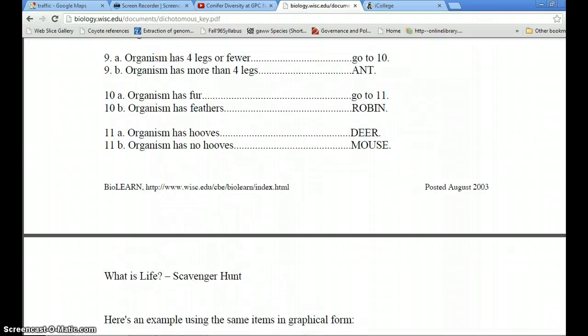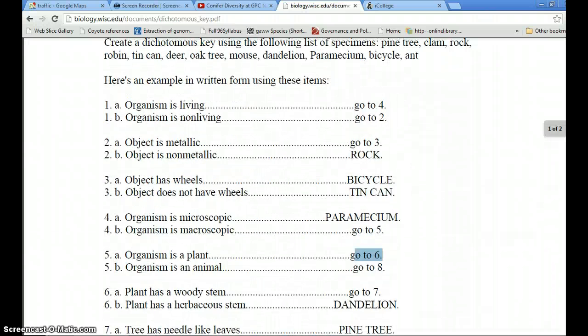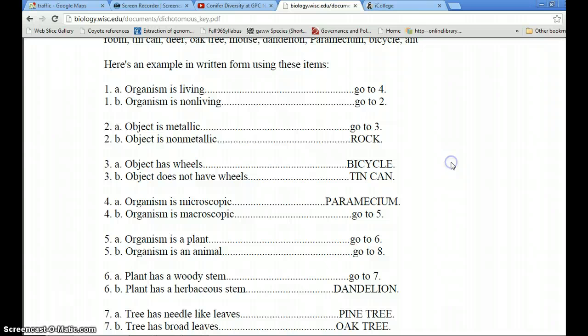identify these objects. And keep in mind, you're going to be doing it for conifers, and that might be kind of tricky. Some important things to keep in mind: make sure that your statements are things that anybody could see about the conifers. One thing you could say here, for instance, is on metallic versus non-metallic in question 2.